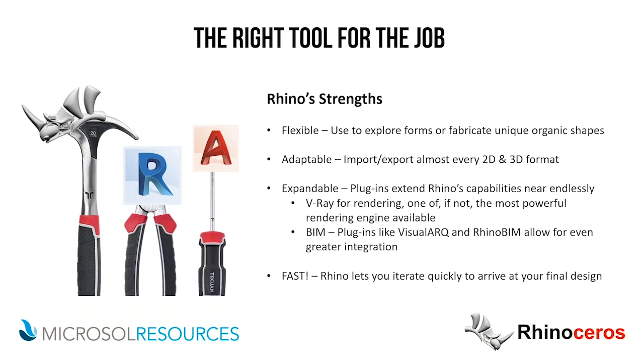For example, you can set different categories and families, and have them directly importing and exporting back and forth. And most of all, Rhino's fast. Rhino lets you iterate really quickly to arrive at your final design. It's not limited by constraints like Revit might be. It's a very, very flexible and quick program.